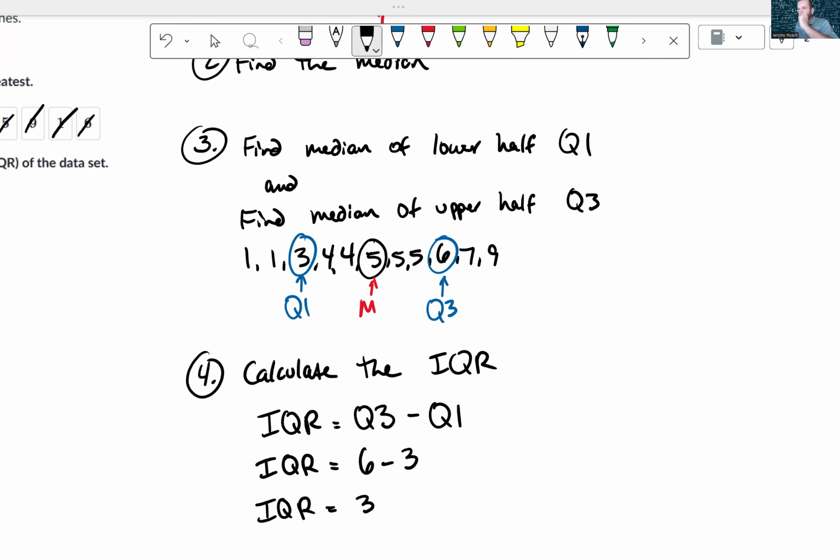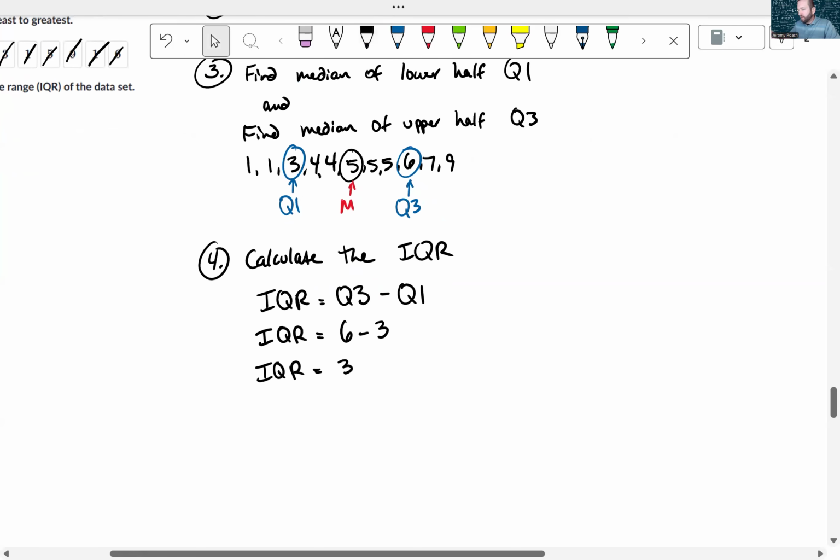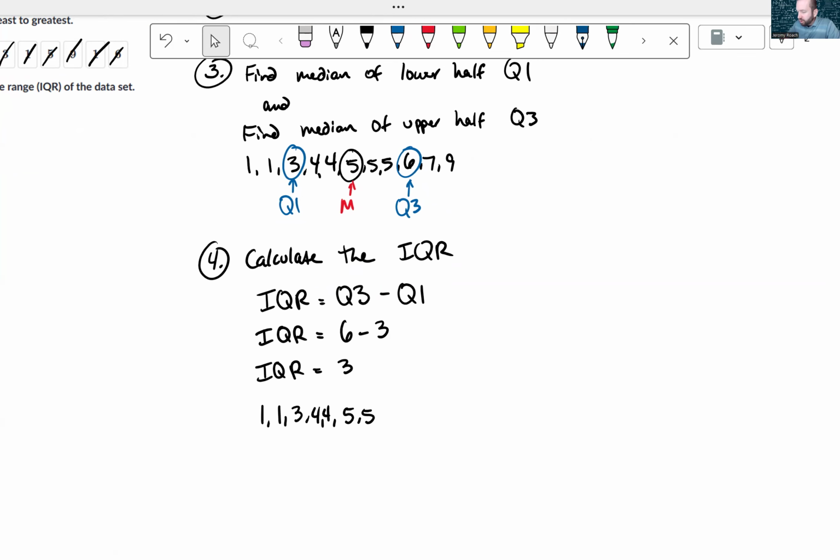Let me write this list one more time. So 1, 1, 3, 4, 4. We had 3 fives, 6, 7, and 9. So the interquartile range is 3.